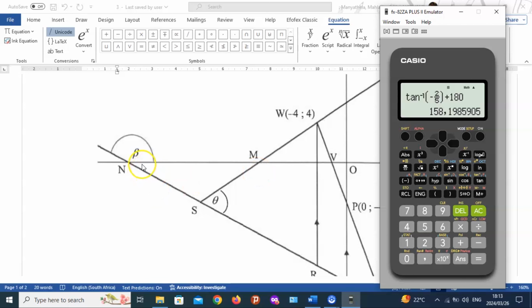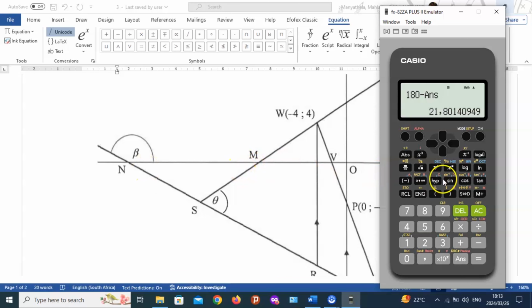To find the value of this angle, these two angles are adjacent supplementary angles on a straight line. So I will subtract that angle from 180 degrees, which I can round off to 21.8. So this angle is 21.8.